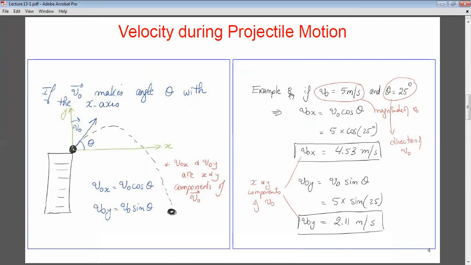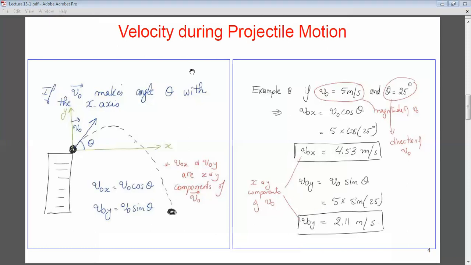For example, if a ball is thrown with a speed v initial equal to 5 meters per second at an angle theta equal to 25, then v initial x equals v initial cosine theta, which is 4.53, and v initial y is v initial sine theta, which is 2.11 meters per second. These are the x and y components of v initial. If you remember our discussion about vectors, this 5 meters per second is the magnitude of the vector, theta equal 25 is the direction of the vector, and these are the x and y components of the vector.